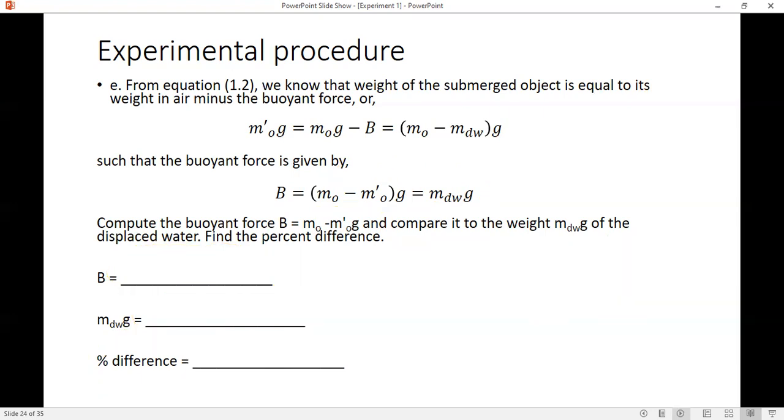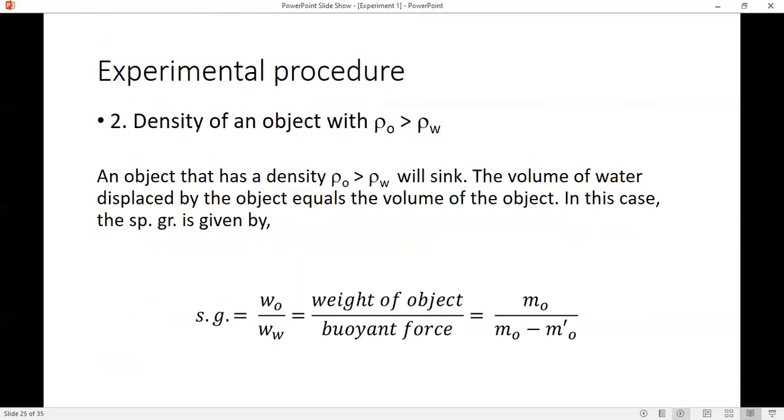Now, going to the next part. That was part 1. Part 2, you're just doing a calculation. You're calculating specific gravity. And specific gravity is basically just the density of an object as it compares to water. Basically, we know that the weight of the object divided by the weight of the water displaced is going to give you a comparison of the density, right?